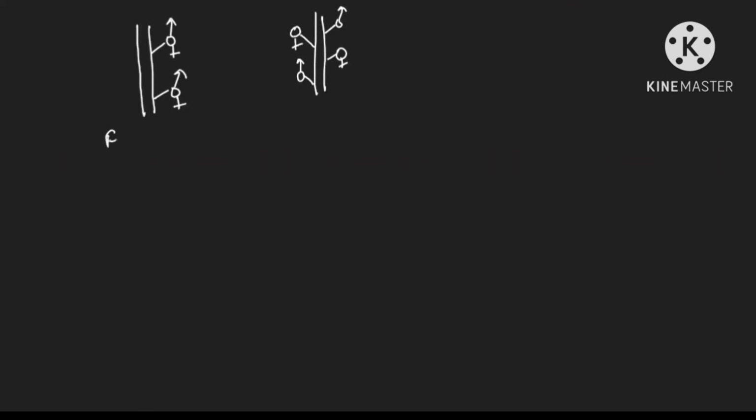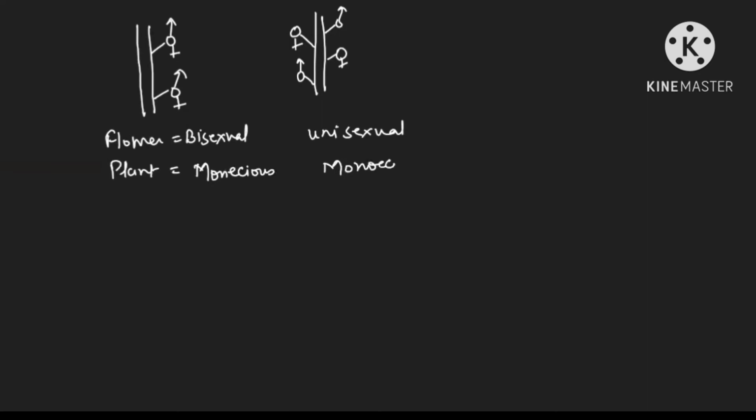So here I've drawn the flower is bisexual, but here I've drawn the flower is unisexual. Is it clear? In both cases, only one plant is sufficient for producing the seed. So the plant is monoecious. Please understand the basic concept. Monoecious means we want only one plant for fertilization.